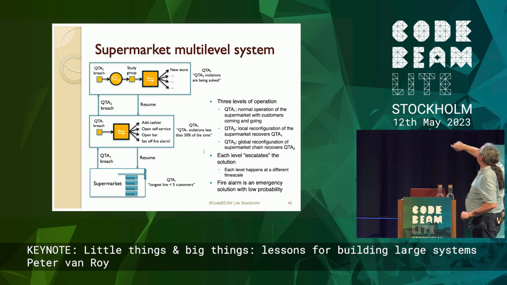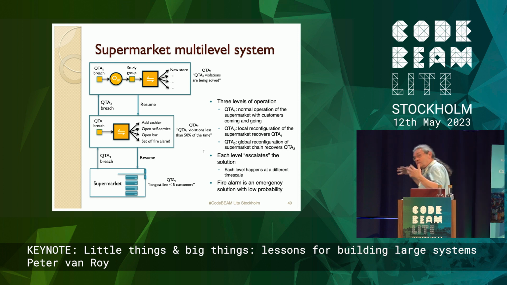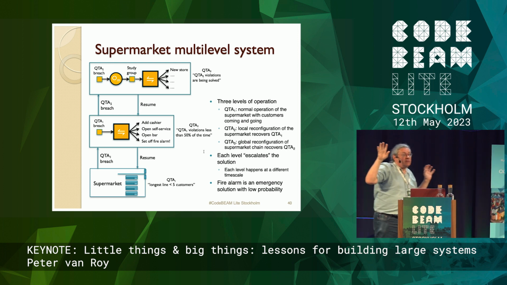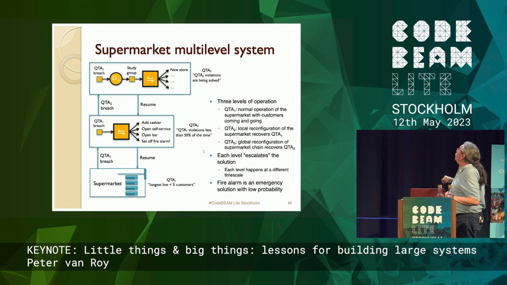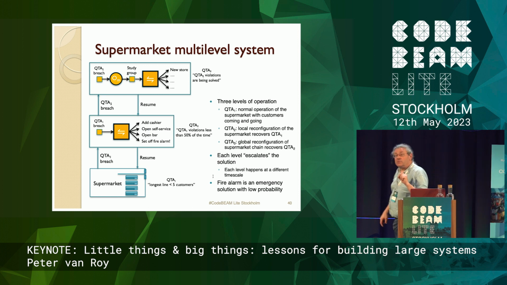QTA3 is something that is solved at the level of the supermarket chain, okay? They will study that. What do they do? Enlarge the supermarket, open another one, close the supermarket, whatever. So each level escalates the solution at a different time scale.